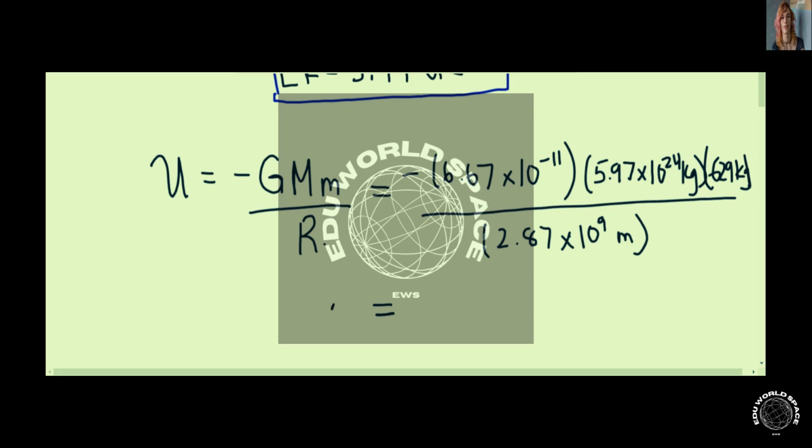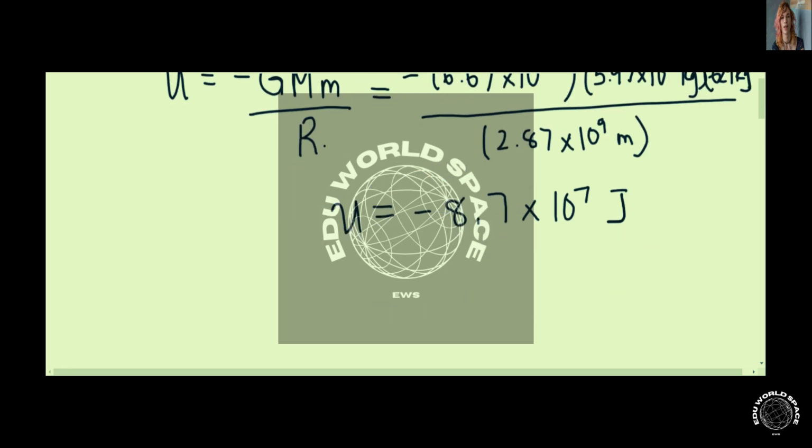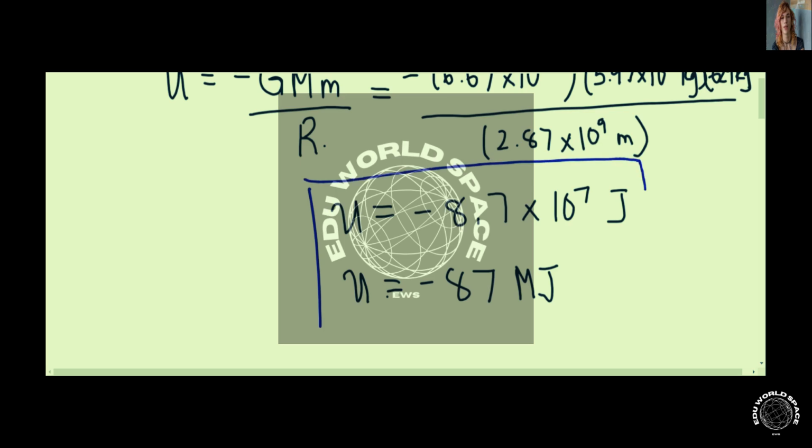Once you plug that into a calculator, you'll see we get a final answer of negative 8.7 times 10 to the 7 joules, or you can also write that as negative 87 megajoules if you prefer to use prefixes. So this is our final answer for the second part.